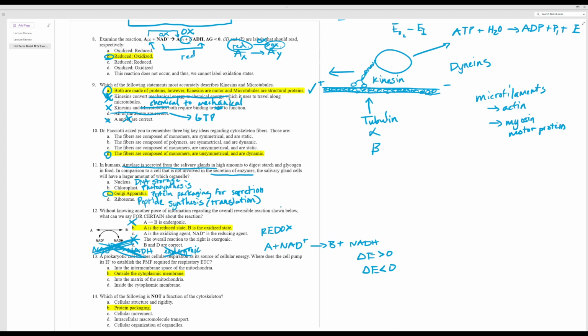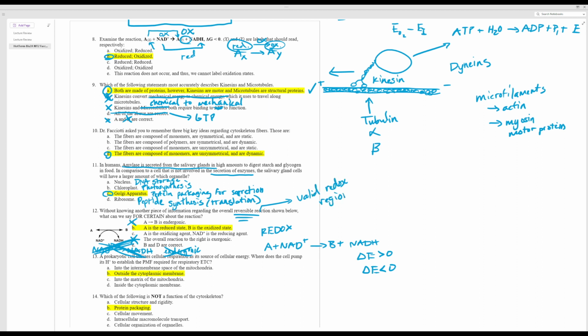Now, what we do know is, because it's a reversible reaction, one of these reactions, either the forward or the reverse, has a delta G less than 0, which means one of the ways works spontaneously, meaning that you have a valid redox reaction here. So this is telling you you do have a valid redox reaction.